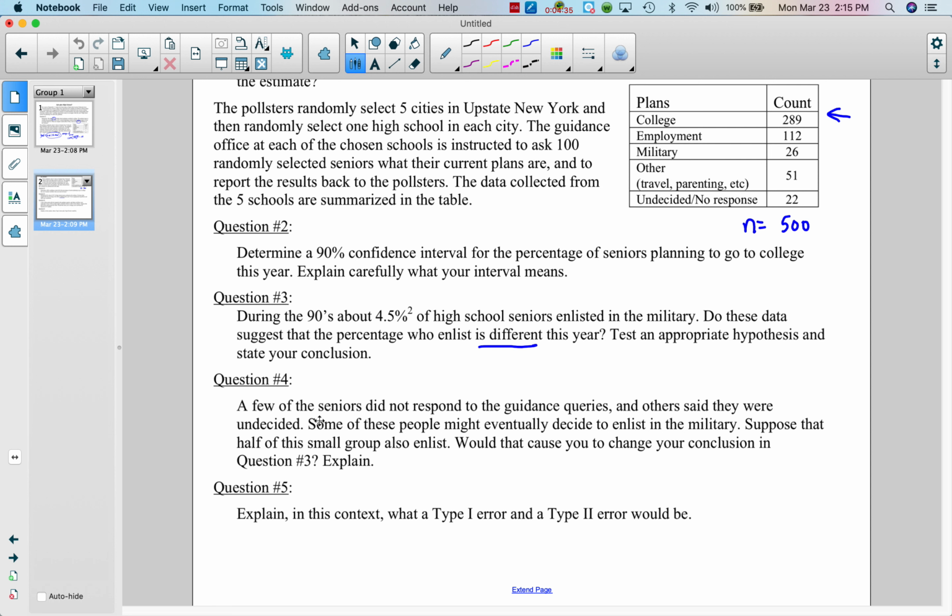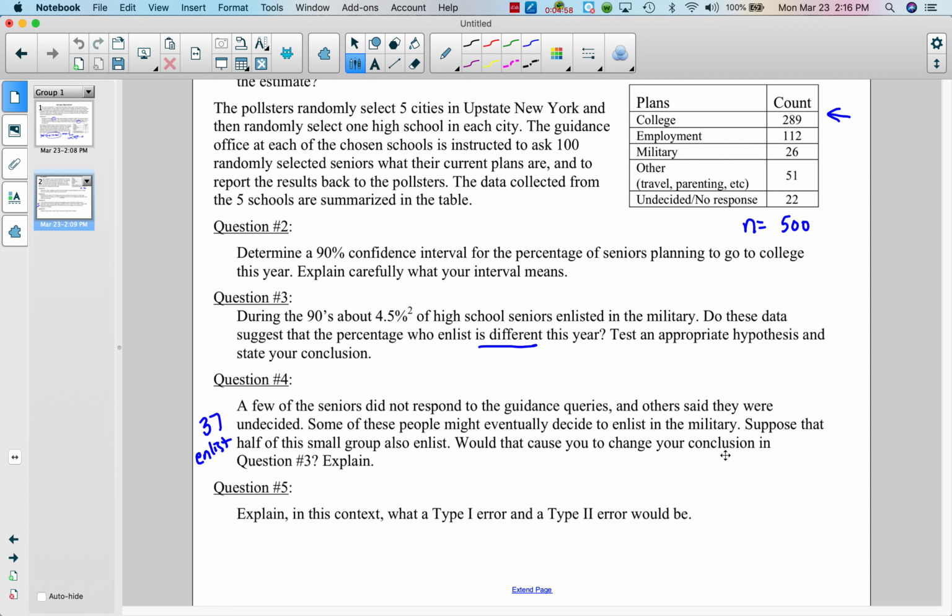Next question. A few of the seniors did not respond to the guidance queries, and others said they were undecided. Some of these people might eventually decide to enlist in the military. Suppose that half of this small group also enlist. That's like saying 11 more people decide to enlist, so now you're saying that 37 enlist.